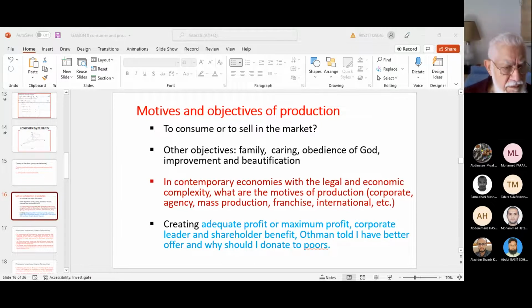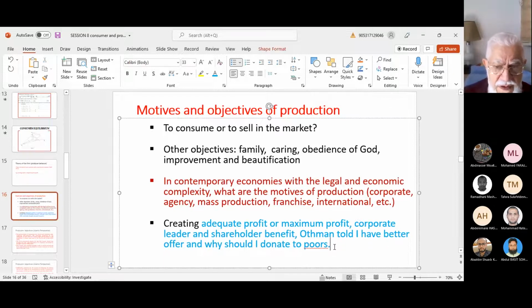Uthman was offered 300% and 400%. And he refused because he said, well, God is offering me 700%. So I'm going to give it to God, not to you. And yet, suppose he accepted their offer of 300%, 400%, there's no reason why there should be a limit. In fact, in our Sharia, there is no limit.